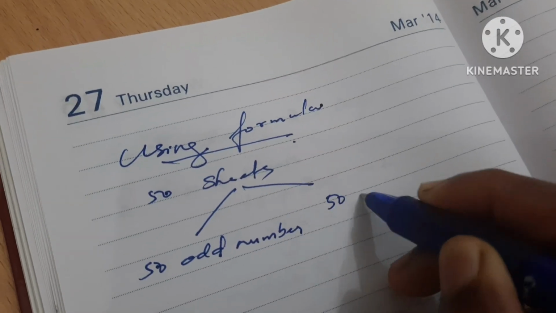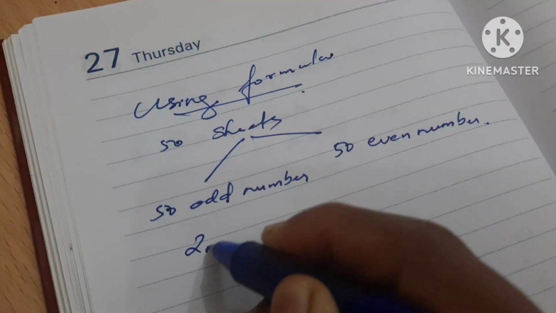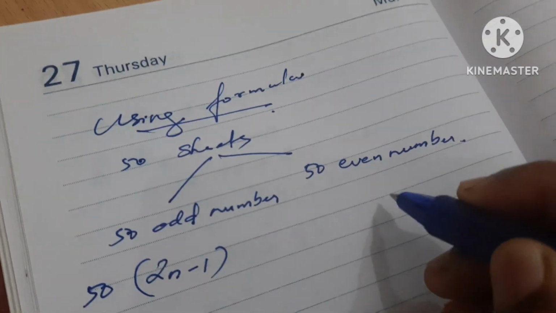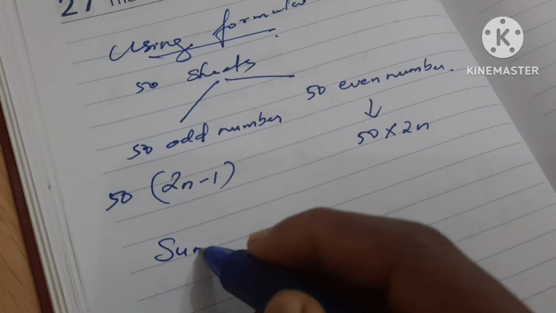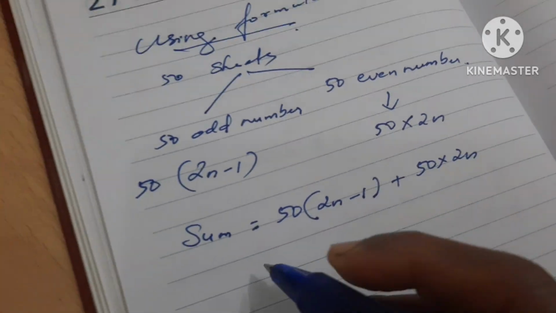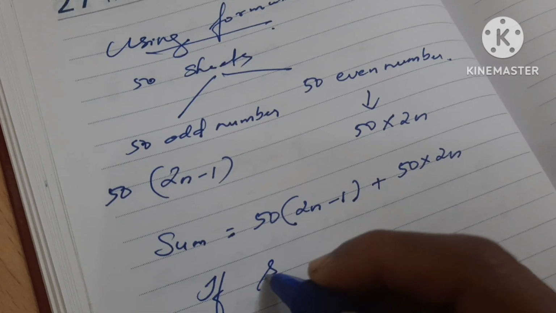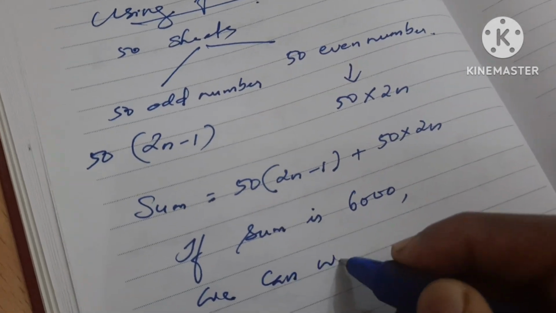The general form of an even number is 2n and the general form of an odd number is 2n minus 1. Since there are 50 odd numbers and 50 even numbers, the sum of these pages will be 50 times 2n minus 1 and 50 times 2n, right?